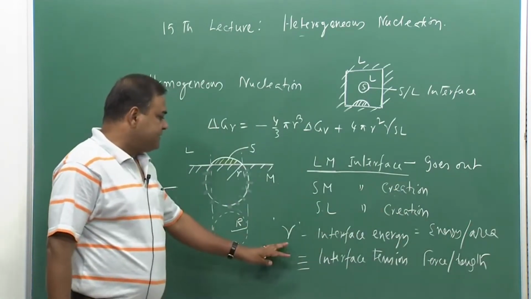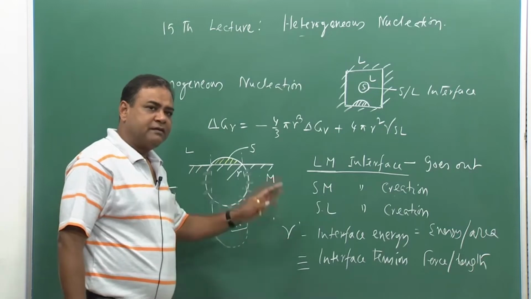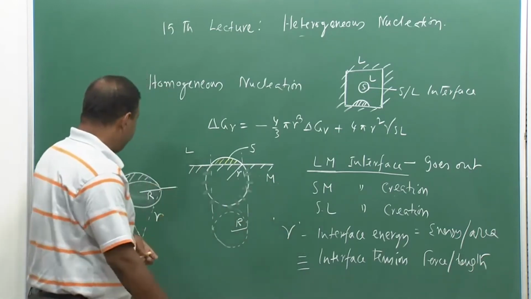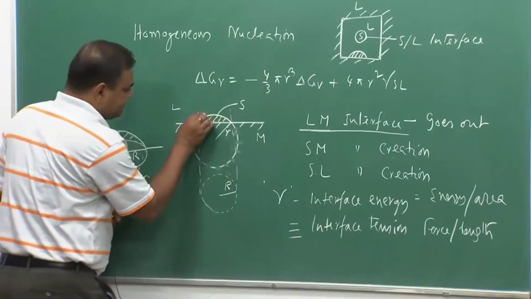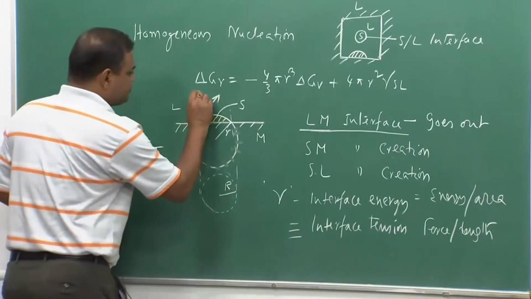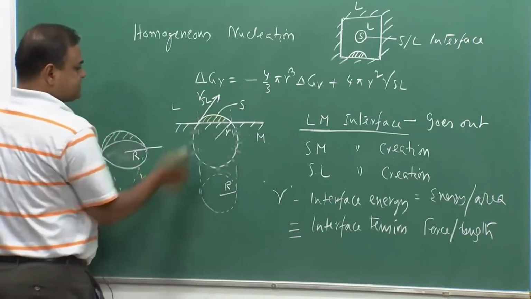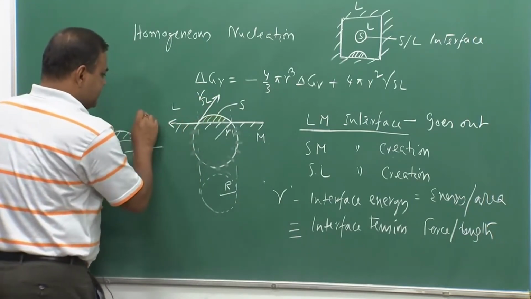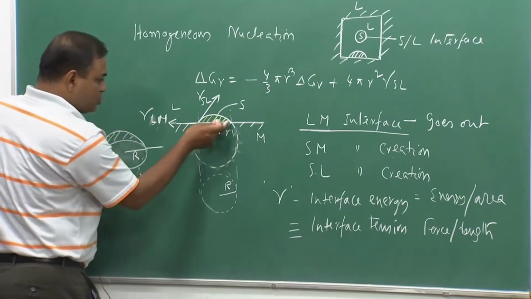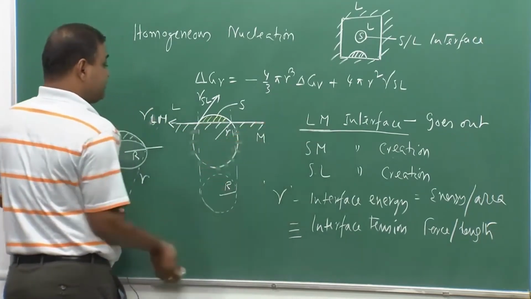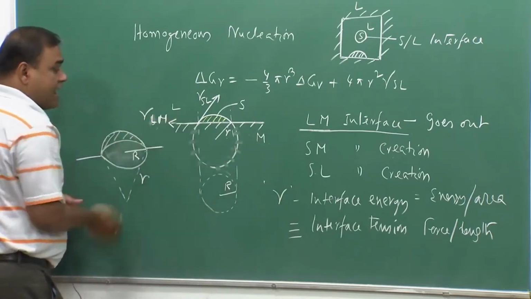If you do the conversion, you will get surface tension. That means it has a directional nature. So, this particular force, gamma SL, is acting towards this, and this is gamma LM. Though this interface is gone in this zone, we have that interface here.